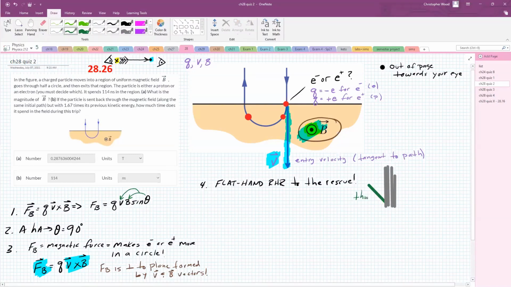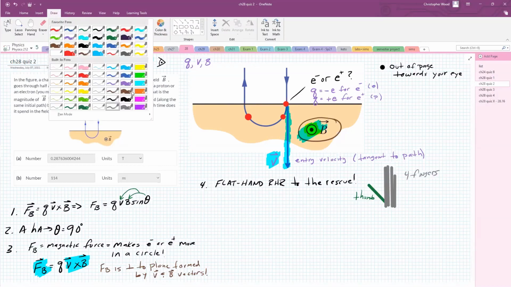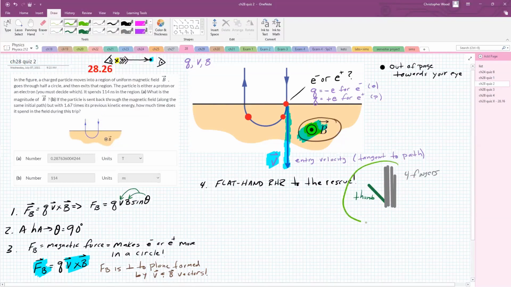Thumb is adjustable. And then this whole thing here, your thumb and your 4 fingers, no matter where your thumb is pointing, it's always flat. Your thumb and 4 fingers are flat in a plane.